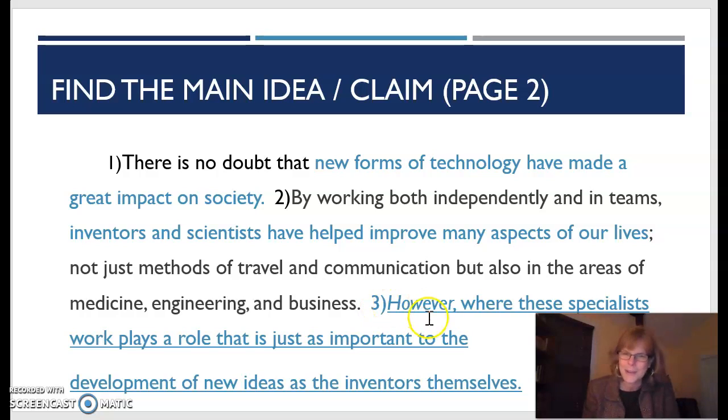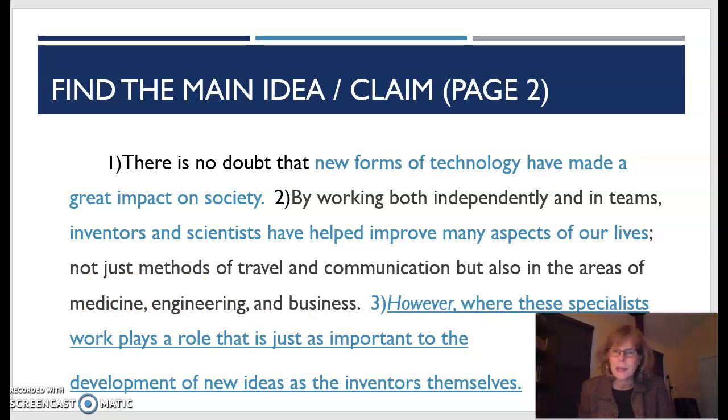This sentence introduces an idea with the word where, and it's really talking about the location, the cities, the places where these inventors are working is an important component of their success, of their development of these new ideas, just as important as their own intelligence or their own hard work. Well, let's go on.